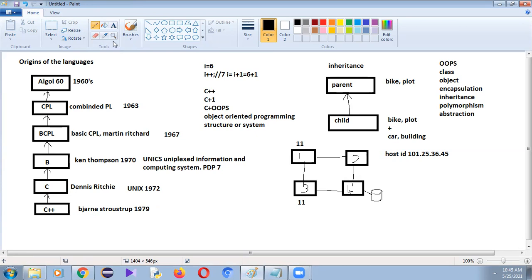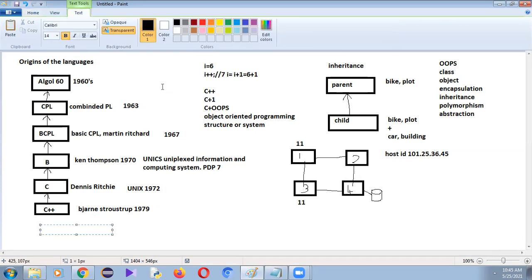Can you guess what the next language is? The next language is Java.